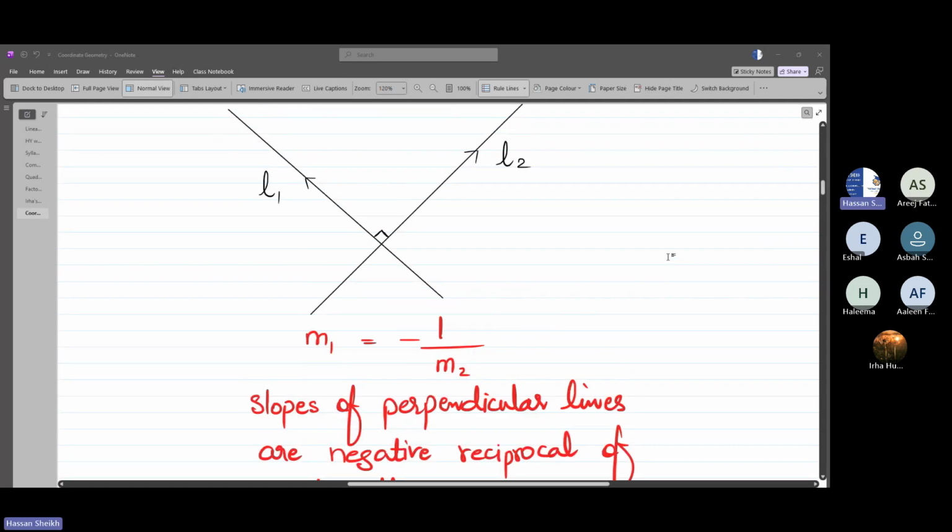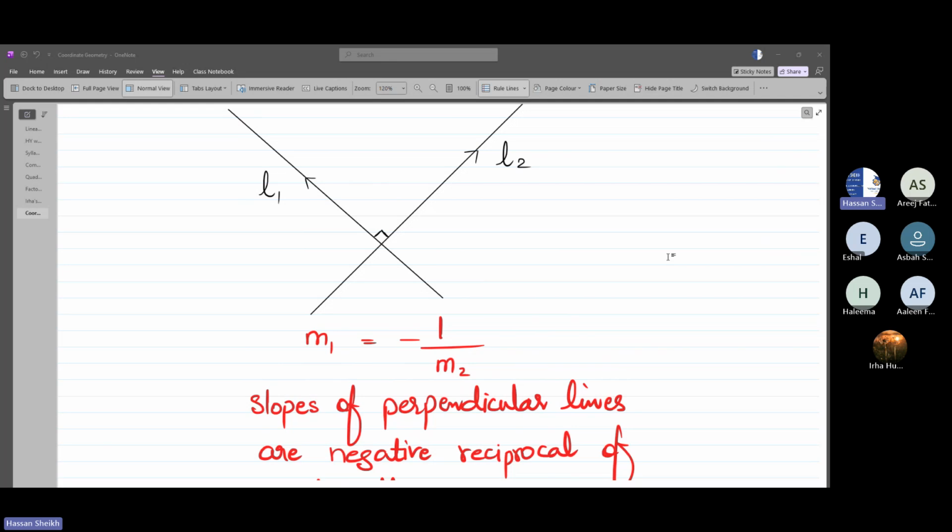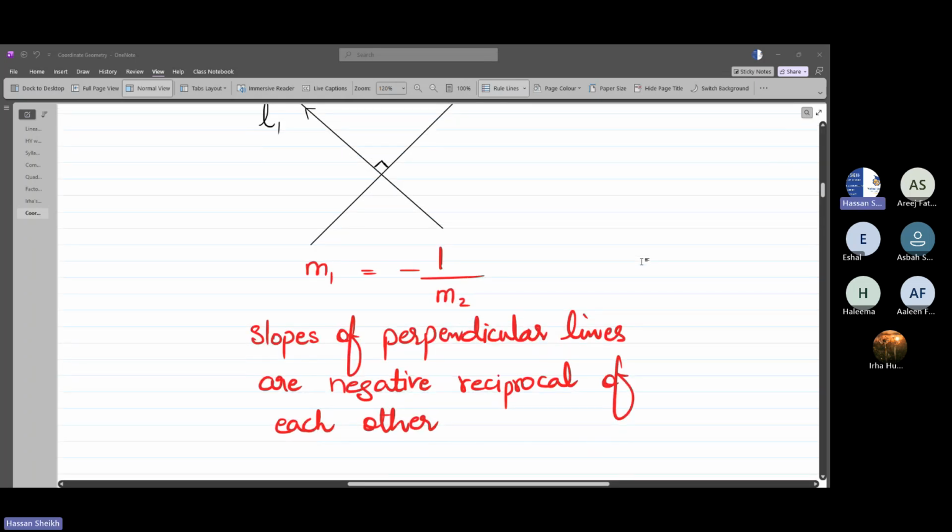So the slope of L1 is M1 and M1 must be equal to negative 1 over M2, which means negative reciprocal. Now, you may be wondering why, that's a bit difficult to understand. What is a negative reciprocal? Let me tell you an easy hack with this example.